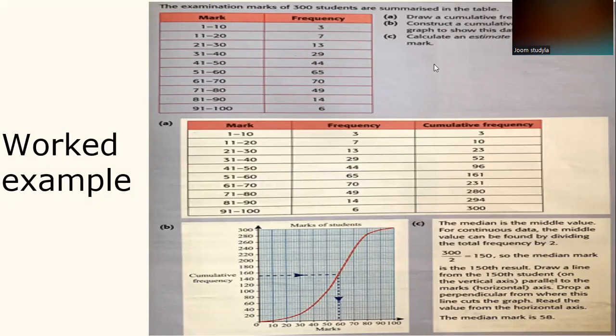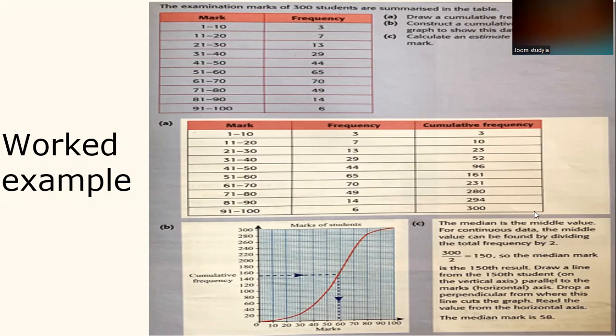The next question is to calculate and estimate the median mark. The median is the middle value for continuous data. The median value can be found by dividing the total frequency by 2.